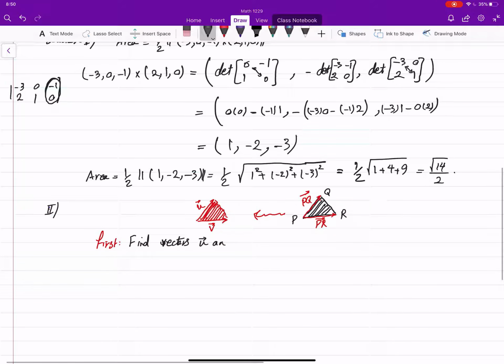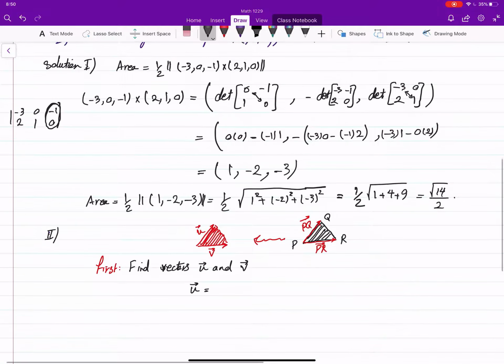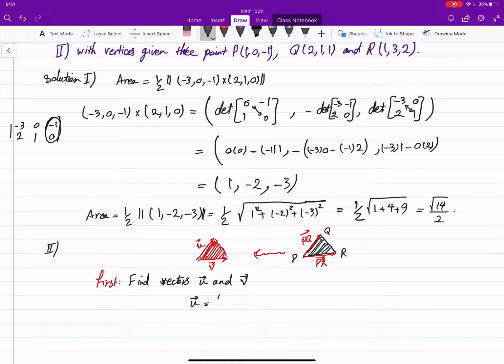Find vectors u and v. While u is equivalent to PQ, it means what? It means that its components are given by the coordinates of the endpoint Q, (2, 1, 1), minus the coordinates of P, (1, 0, -1), and that gives me (1, 1, 2).